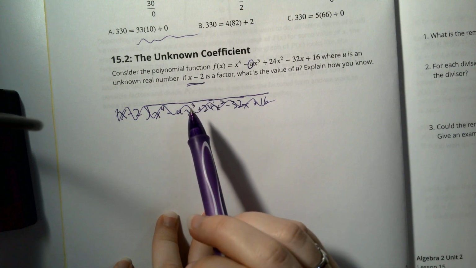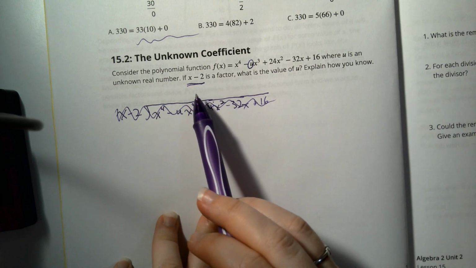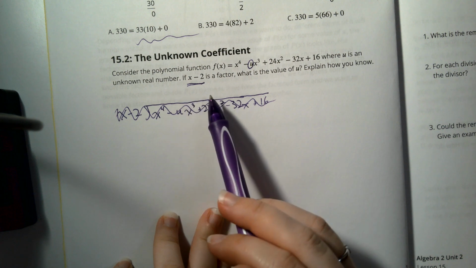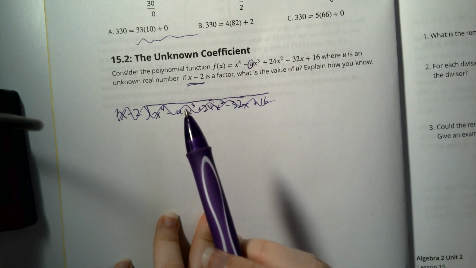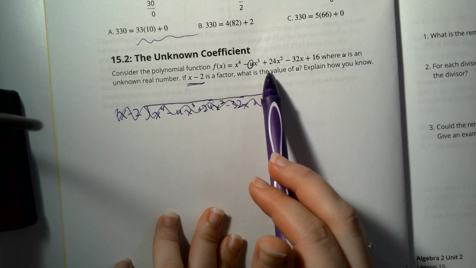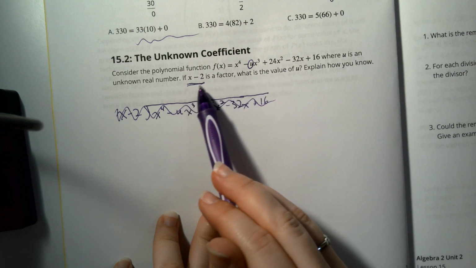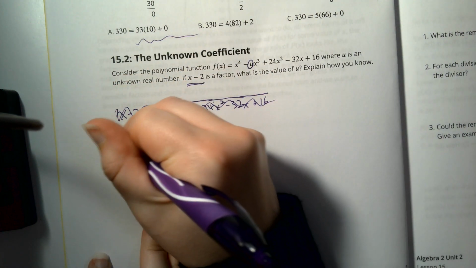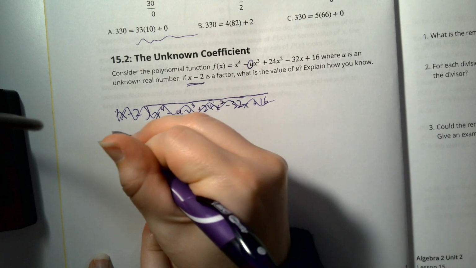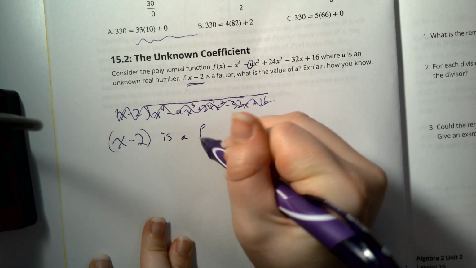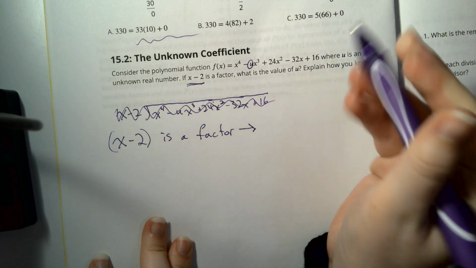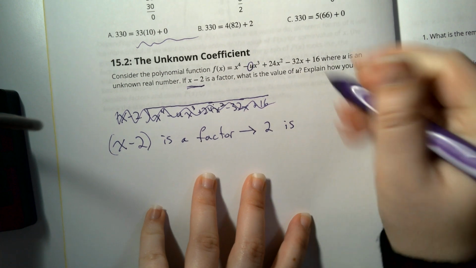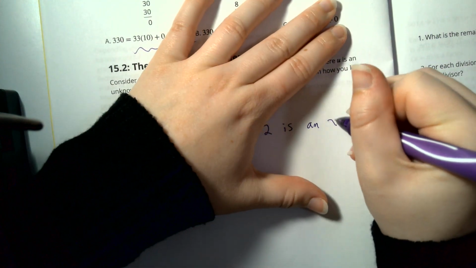Instead of thinking about it as a division problem, we can think: if x minus 2 is a factor, what does that mean about the graph of this function? It tells us that 2 is an x-intercept.